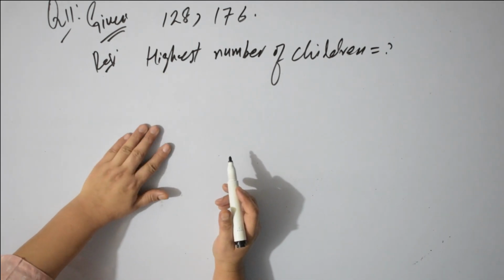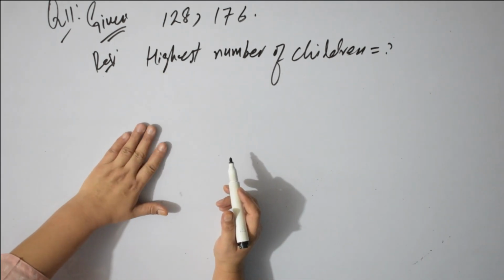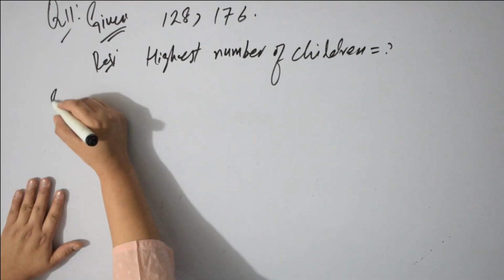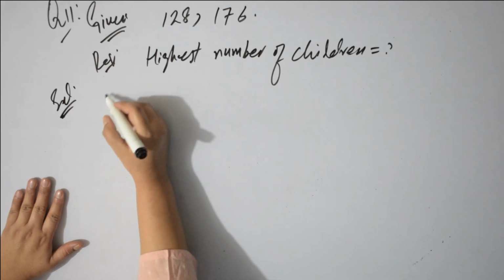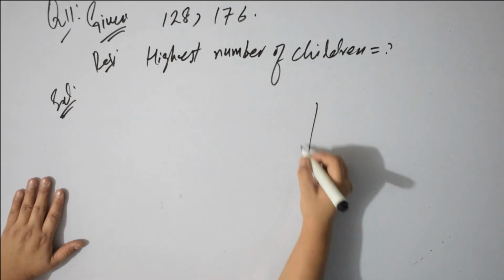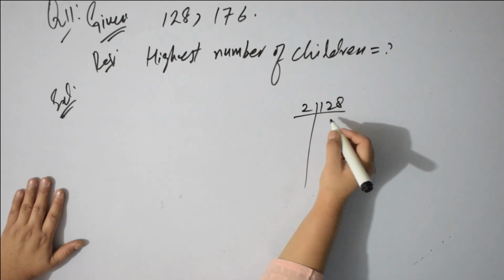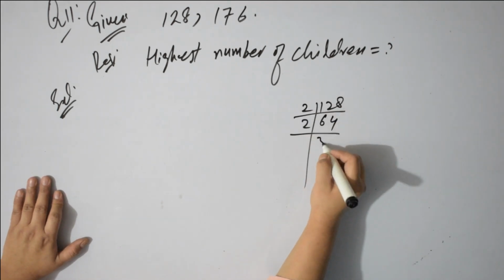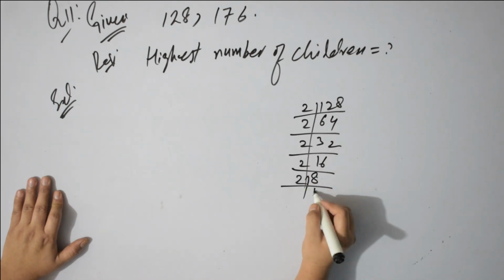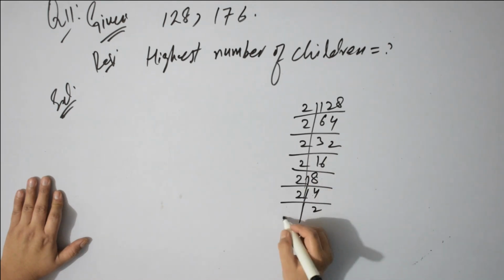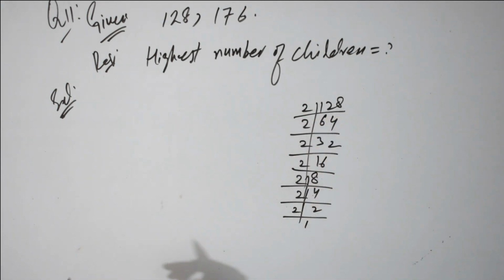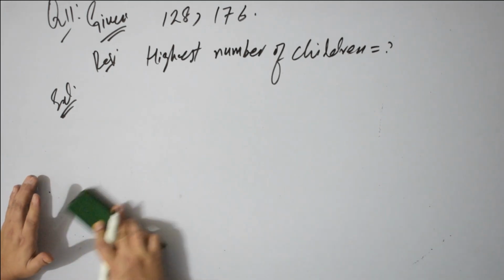You can find its HCF by factorization or by division. I am finding its HCF by factorization. So the prime factors of 128 are, 128 divided by 2 and so on, 7 times 2.